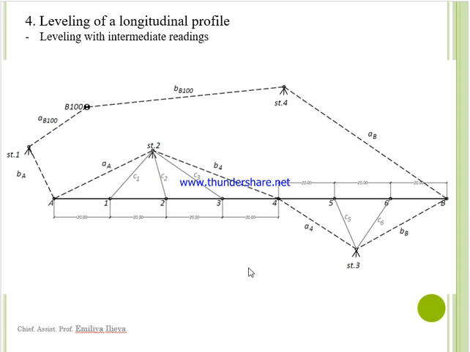For faster leveling, in this case, usually we use leveling with intermediate readings. So, leveling with intermediate readings is the basic type of leveling when we use to determine the height of the points for longitudinal profile.